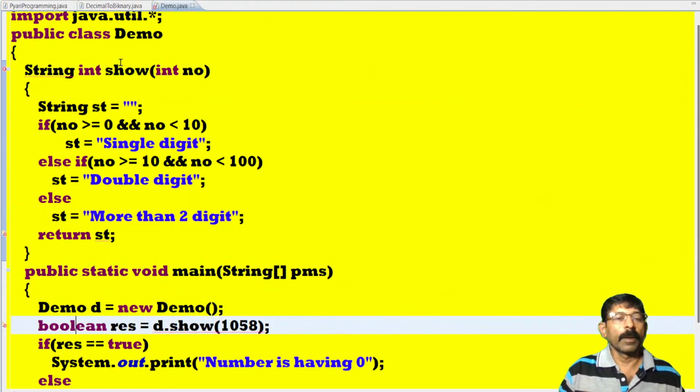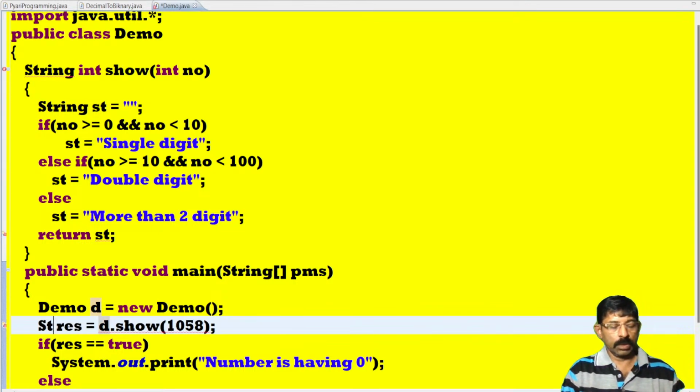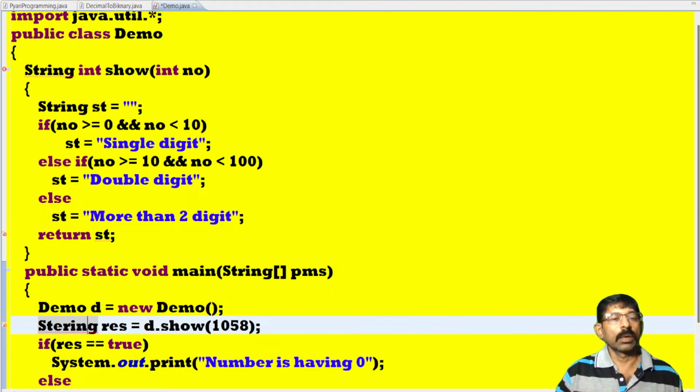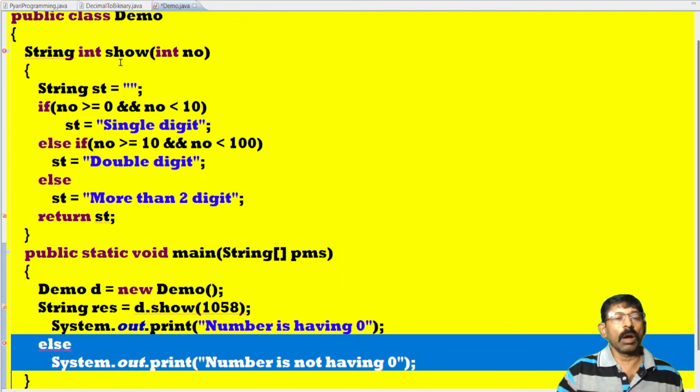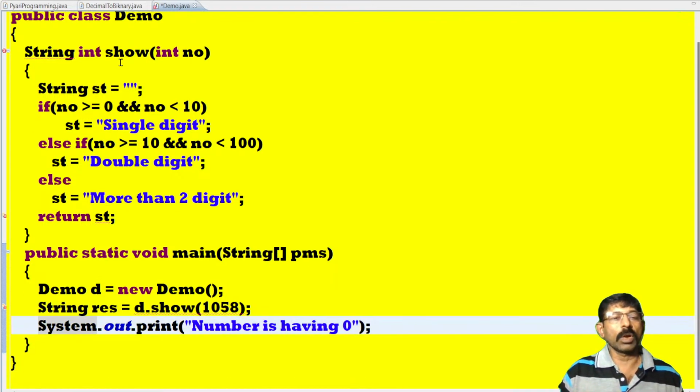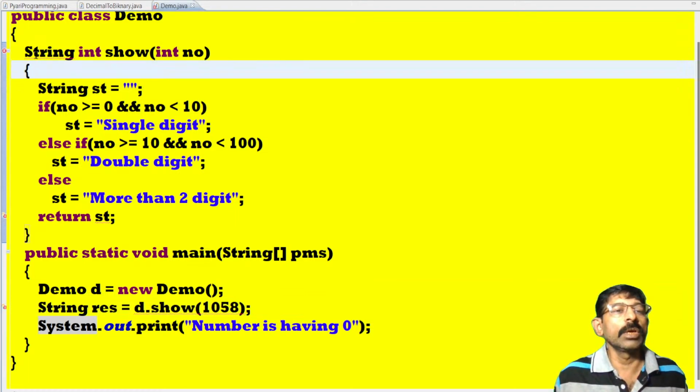Now here, what I am going to do is store the result in a string, and without any condition, I will display. Now no condition is required because it is not of type Boolean. So here I am sending a number, d.show, return type is string. int show, int no, error on syntax, string.